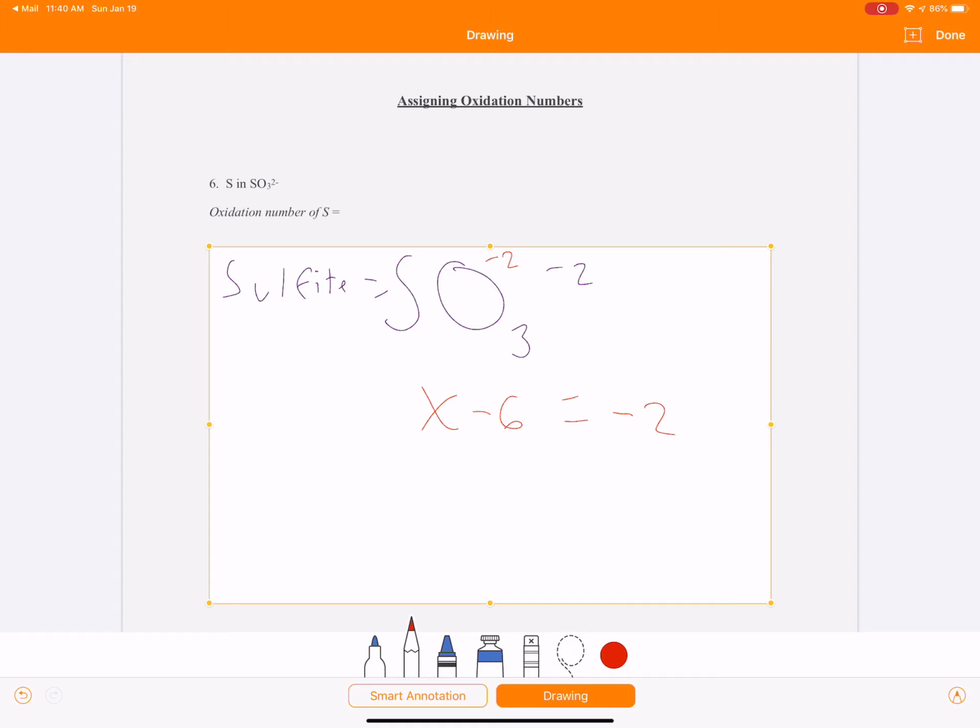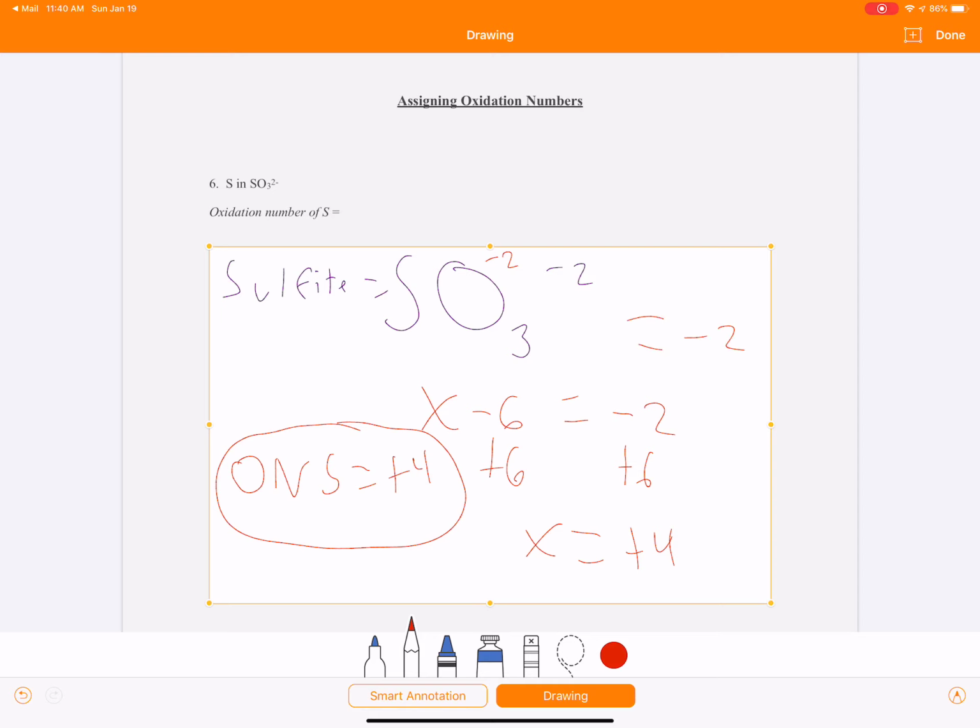So we set up our little equation there. -2 plus 6, so we get +4, which means that the oxidation number of sulfur in sulfite is +4. Why? Because oxygen has a fixed charge of -2, there's 3 of them, -6, and we need the total charge to be -2. So 4 minus 6 equals -2. So that's how we got the oxidation number of +4 here.